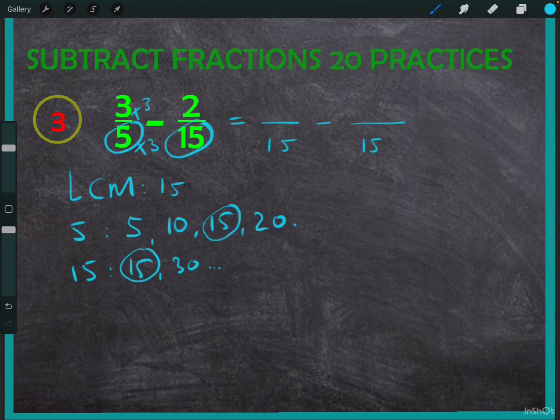So we got 3 times 3 is 9. 9 over 15 is equivalent to 3 over 5. For the second fraction, we just write it again, 2 over 15. Now we have two fractions with the same denominator, so we subtract the two numerators. 9 subtract 2 is 7. 7 over 15 is the answer for number 3.